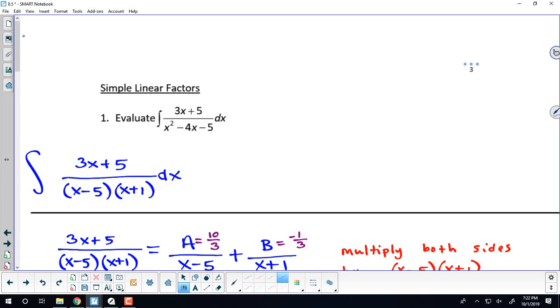But when we look at that, we say, well, it's not a square plus 1 or a square minus 1, right? So then trig substitution wouldn't be a viable option here. You could say, well, can I write it as 3x plus 5 times x squared minus 4x minus 5 to the negative 1, and then try integration by parts with that. We have two algebraic functions.